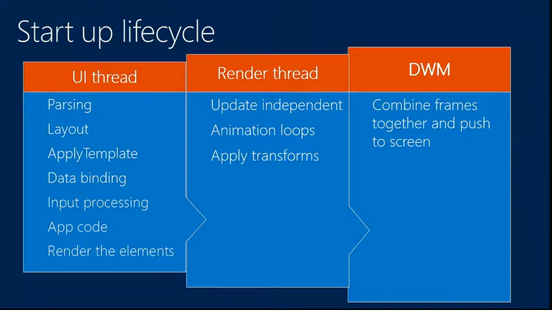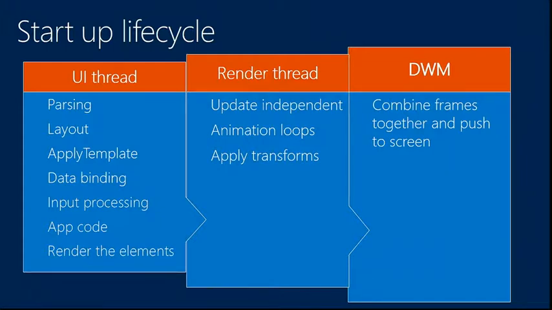And the UI thread is responsible for loading up our application, parsing all the XAML, laying all the controls out on the screen, building up that element tree that we have, applying all the templates, doing the data binding, processing our input like our touch devices, running all that application code that's not running on the thread pool, and then finally taking all those elements and rendering them into pixels. So the app thread, the UI thread, is responsible for just about everything inside our app.